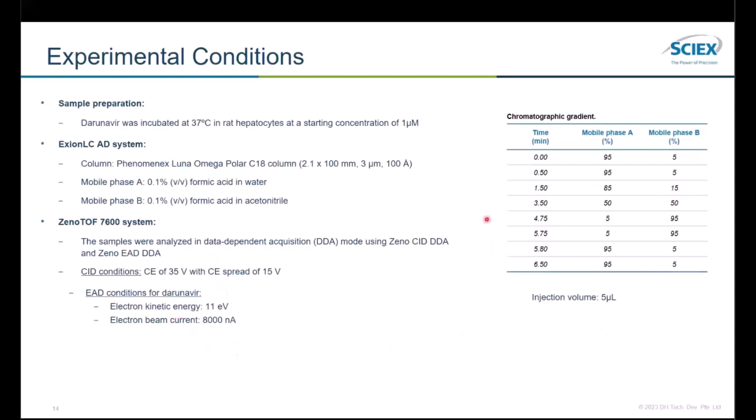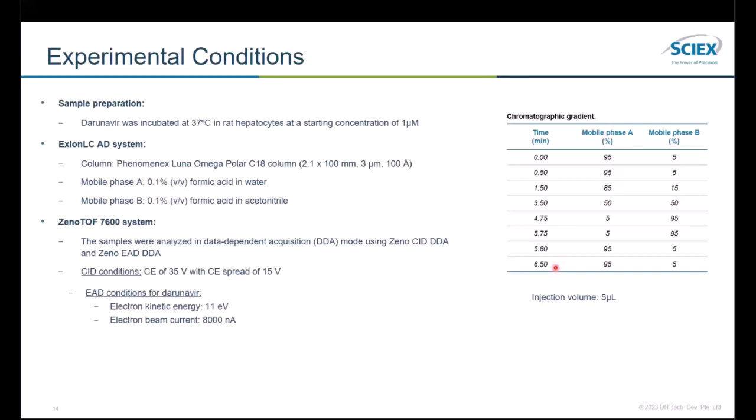The important part I want to discuss here is the chromatographic gradient. Usually, all your meta-ID experiments use pretty long gradients, but in this case, we did this whole study within 6.5 minutes, maintaining good throughput.